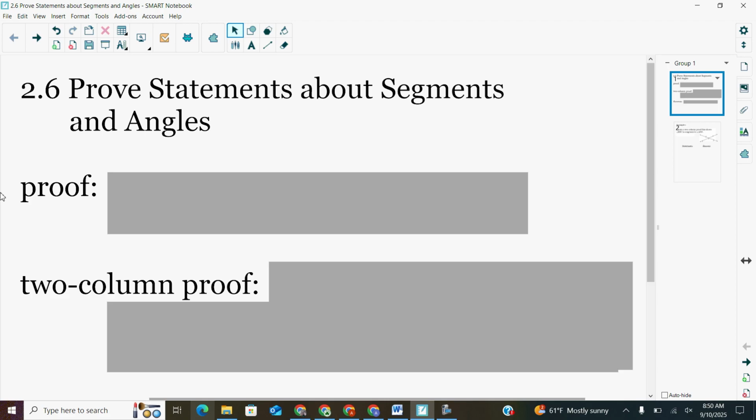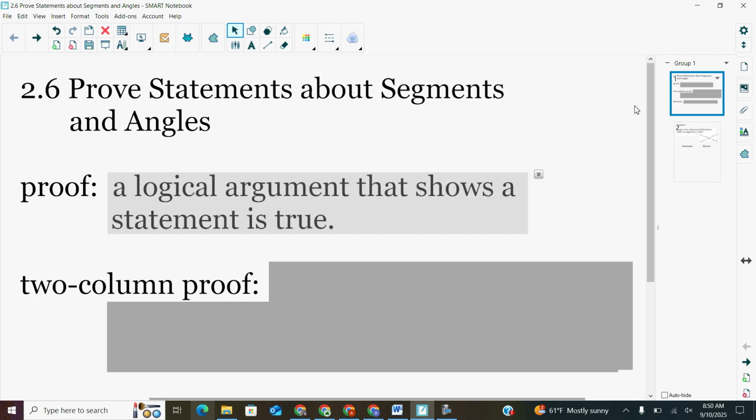We're going to be looking at proofs, 2-column proofs, theorems, and we are going to be constructing a 2-column proof to prove a statement about either segments or angles.